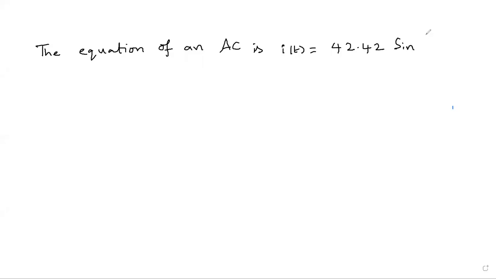Note down a problem. The equation of an AC is i(t) = 42.42 sin(628t).